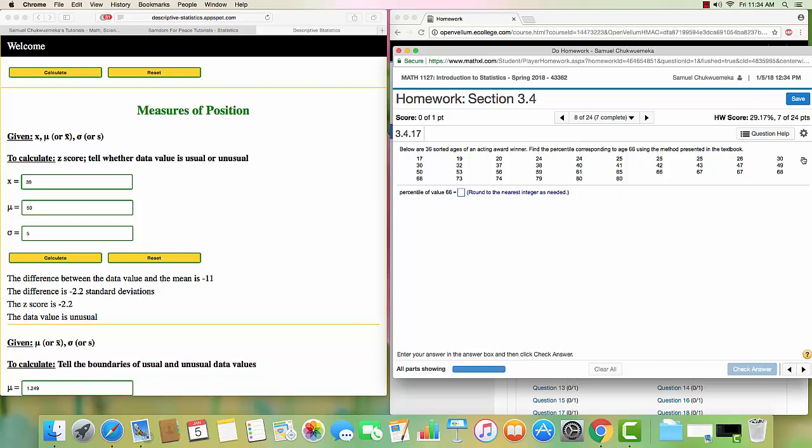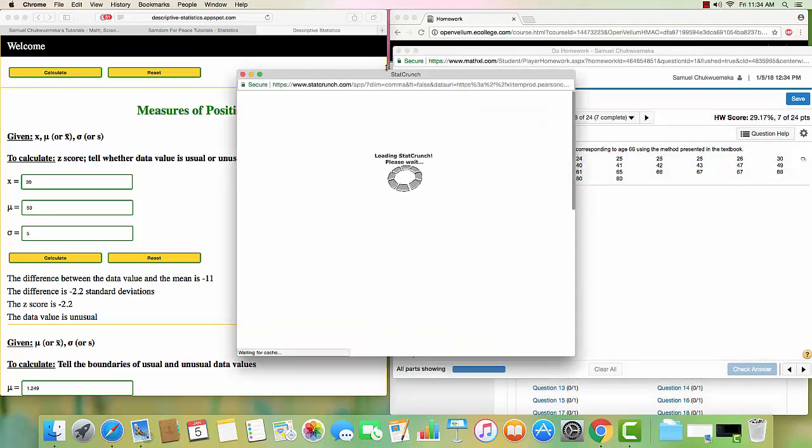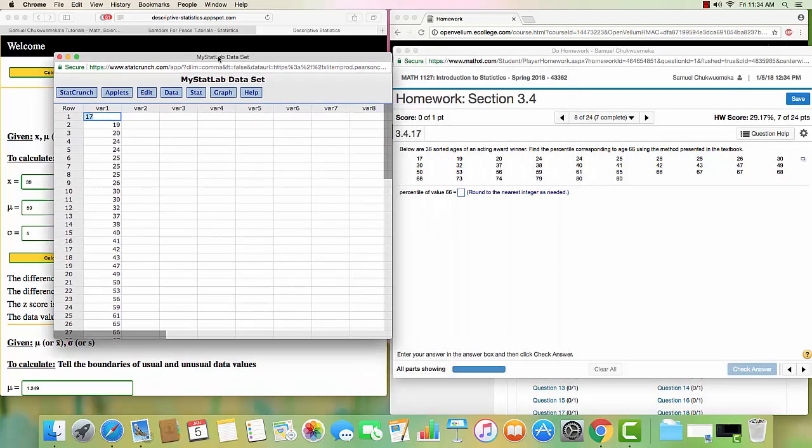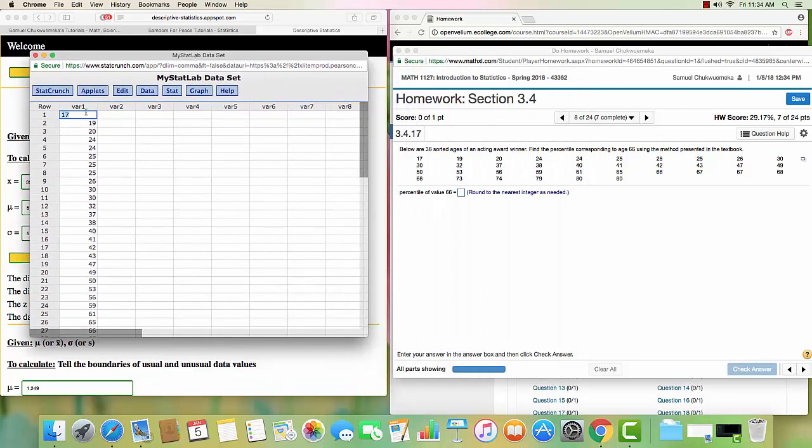We will click right here on this icon, and click Open in Statcrunch. I like to name my variables. If you don't want to name it, that's fine. But I like to name it, so I'm just gonna put ages here.